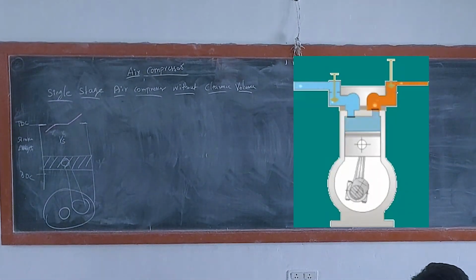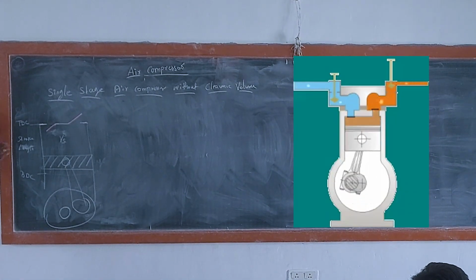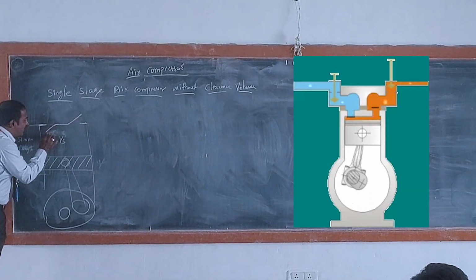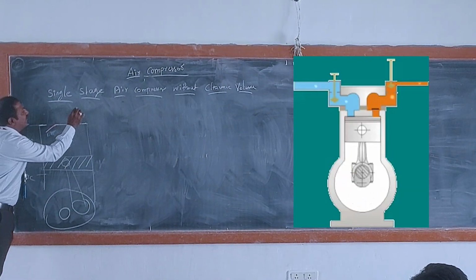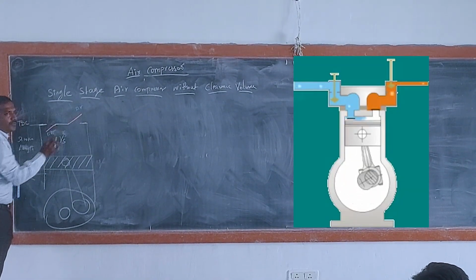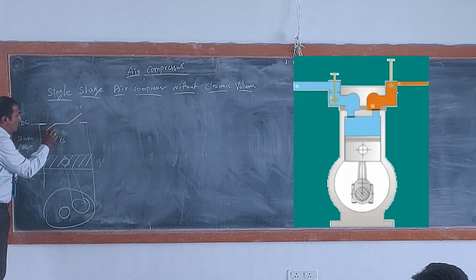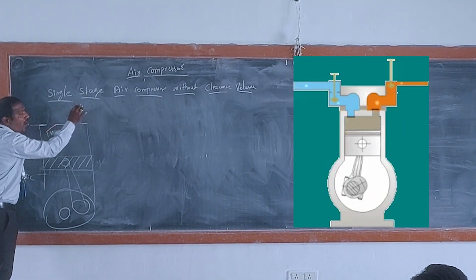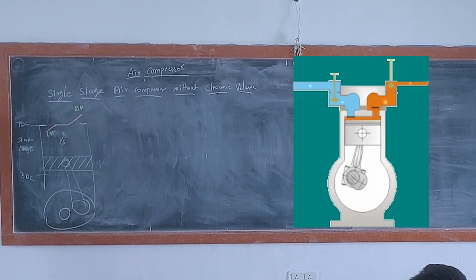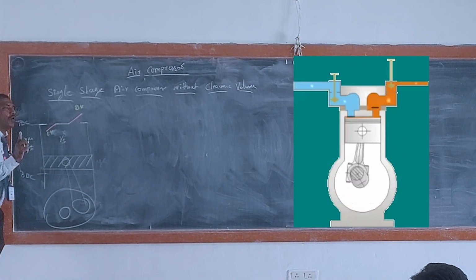How it works, we need to understand. Very important. These two valves, I will take this as inlet valve or suction valve, and this as delivery valve. These two valves are spring-loaded valves.